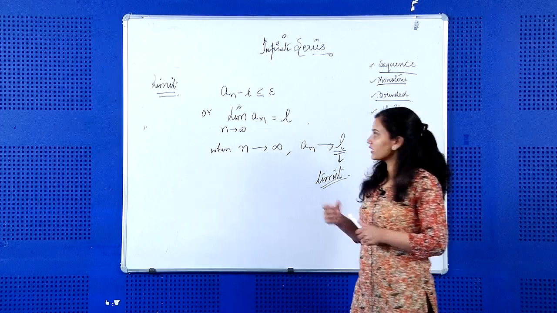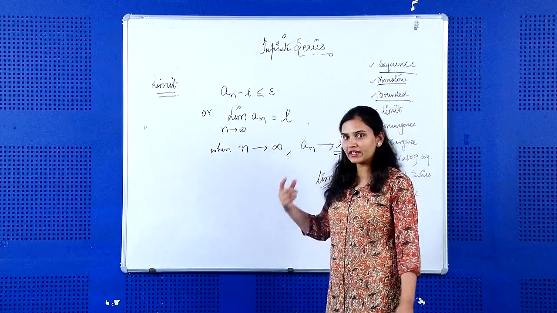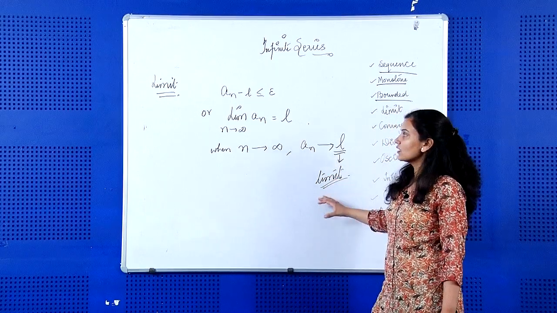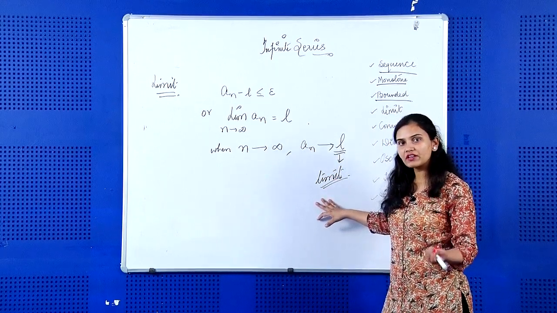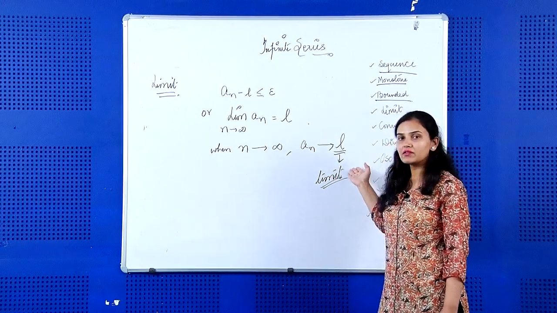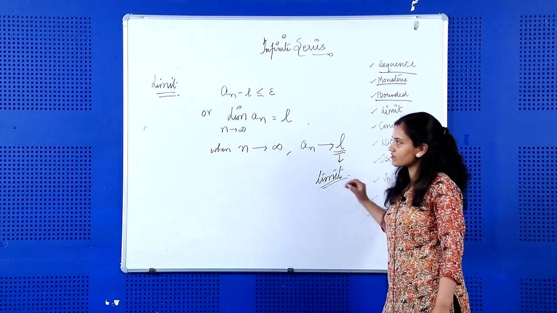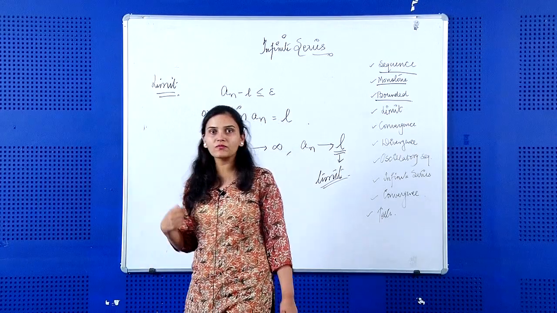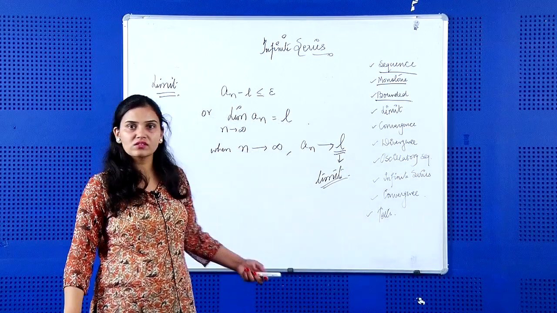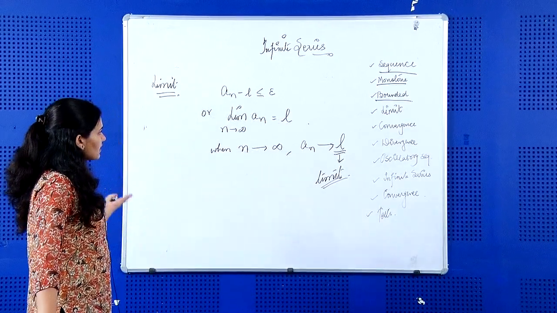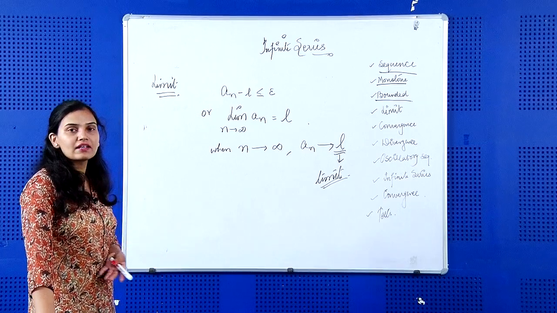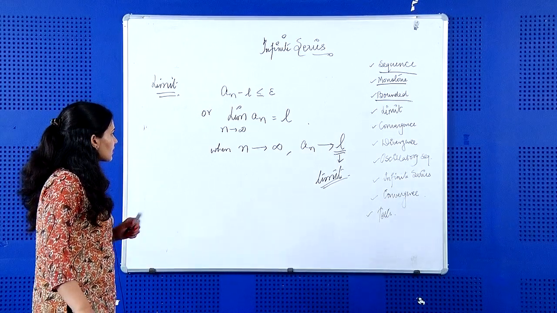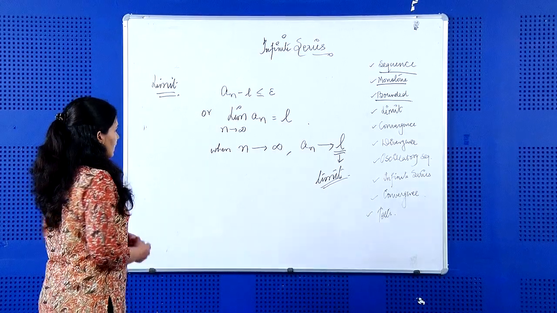And for any sequence, if we are getting the limit, we say that the sequence is converging. If we are not getting this L, then we say it may not be converging. This limit is very important. If the limit turns out to be a finite number, we say our sequence is convergent, and if the limit does not come out to be a finite number, let us say it is minus infinity or plus infinity, then we say it is not convergent.